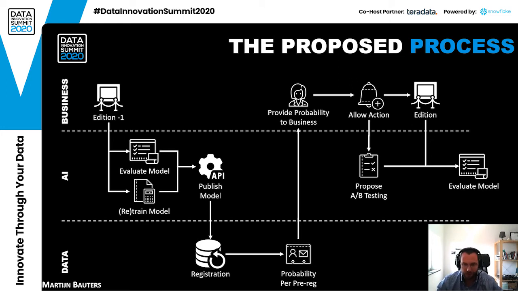What we would get is a probability of showing up for each individual person in that registration process. So every person gets a number going from 0 to 100%, where 0 means most likely to not show up, and 100% means they will definitely show up.